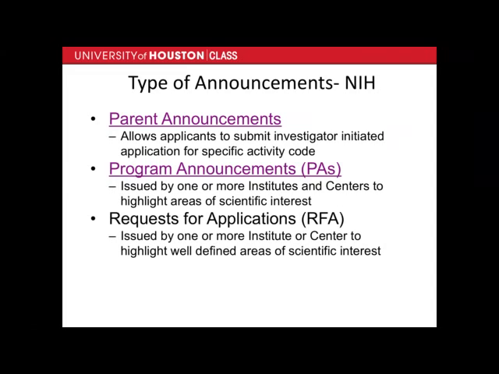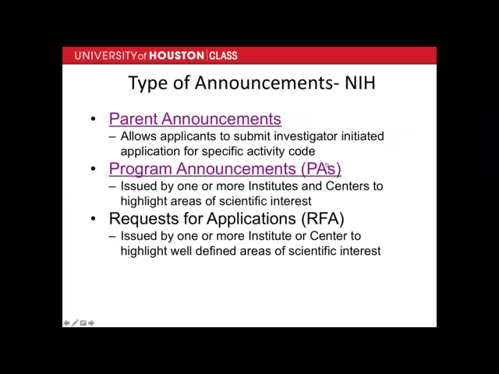It's just, if you have an idea for research, you can propose it and apply to a parent announcement. So a request for application is basically a very well defined area of scientific interest. It's very specific. And if I'm not mistaken, those typically have single due dates. And again, we'll get into all of that a little bit later.